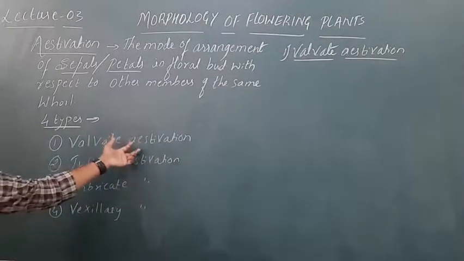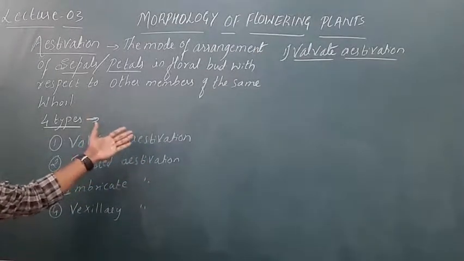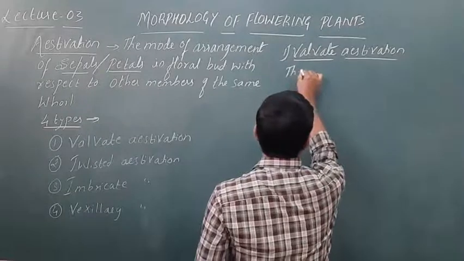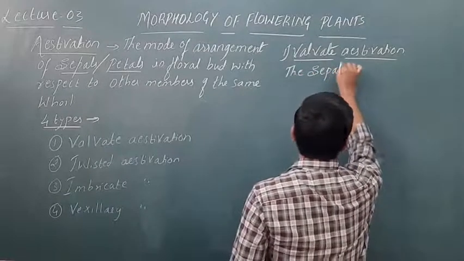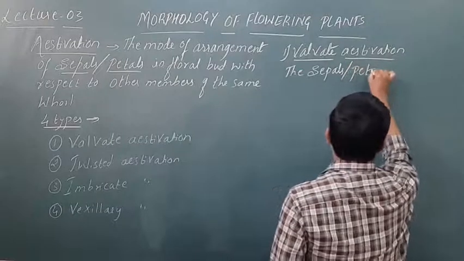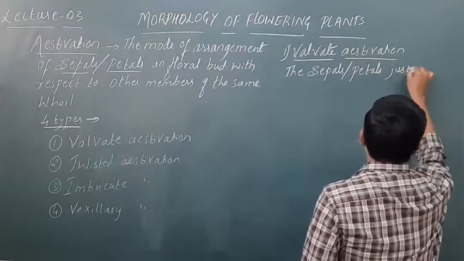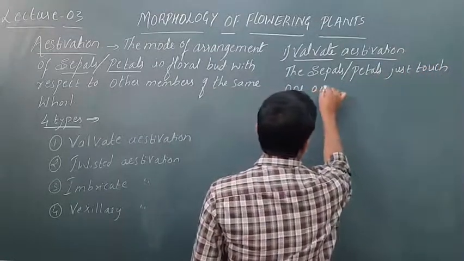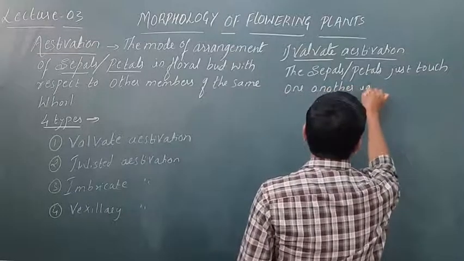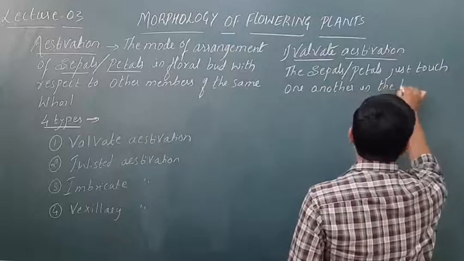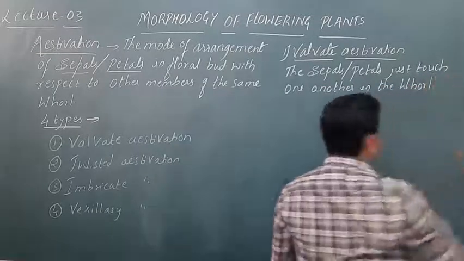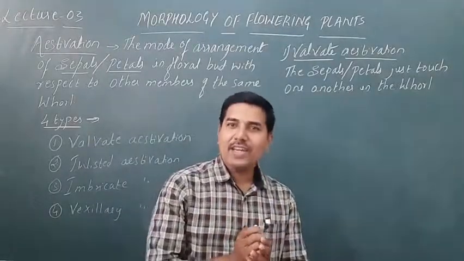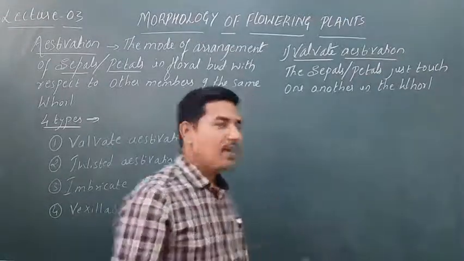In valvate aestivation, the sepals or petals in a whorl just touch one another, or in other words, the arrangement of sepals and petals end to end is termed valvate.